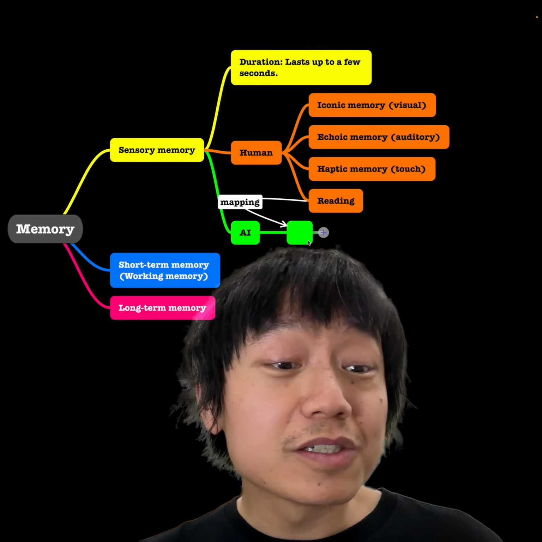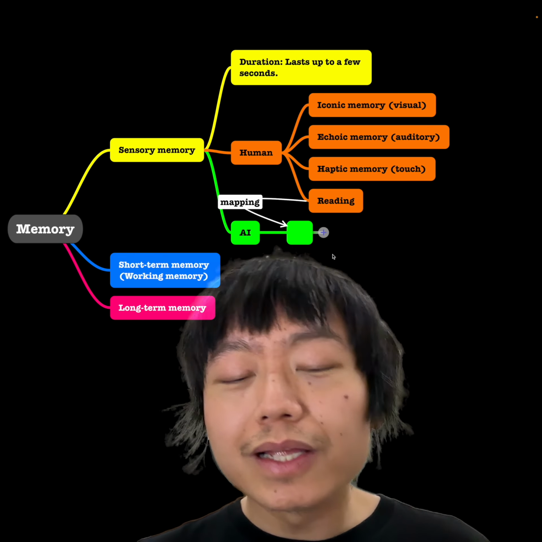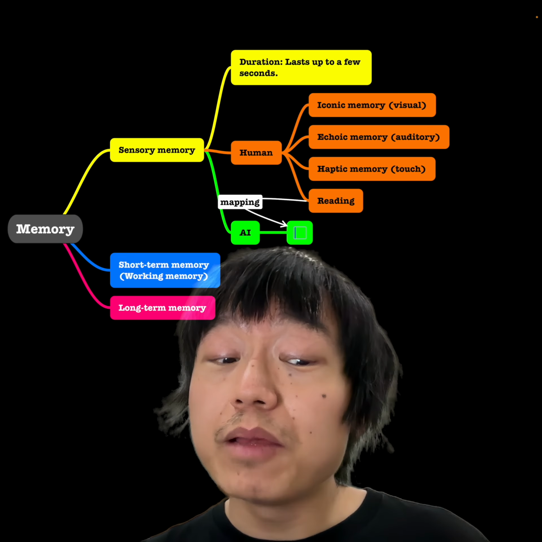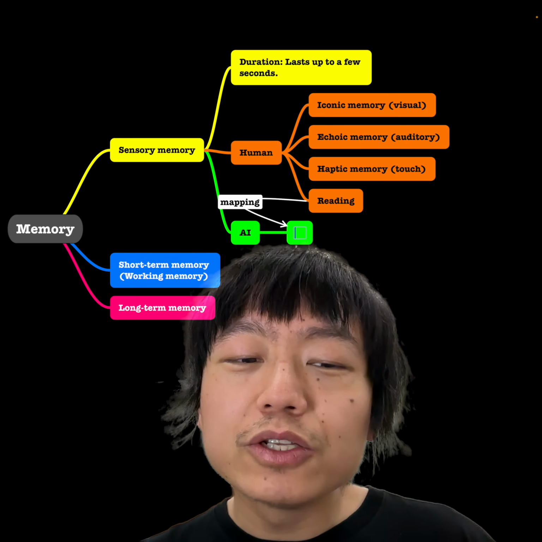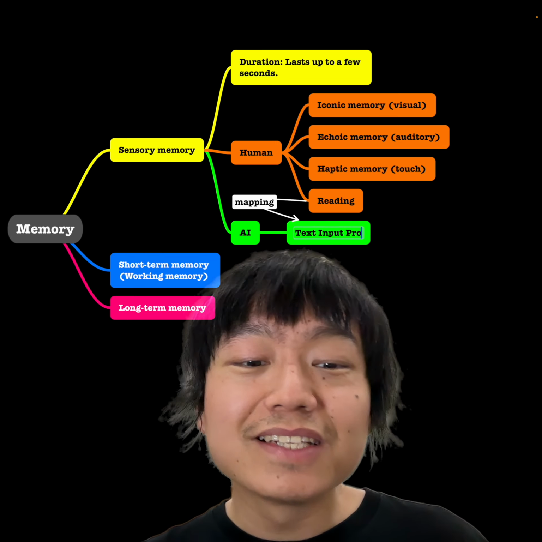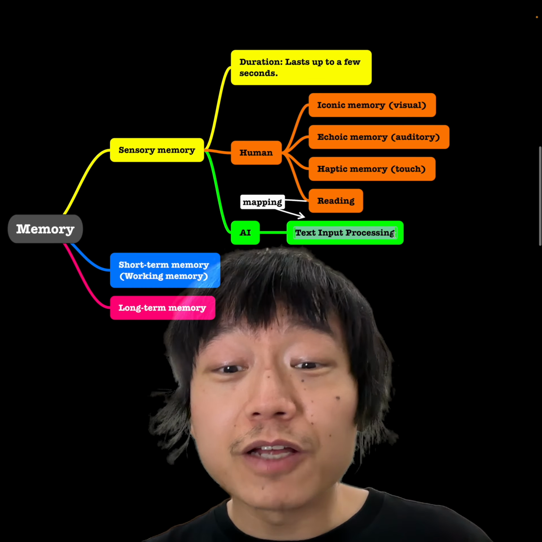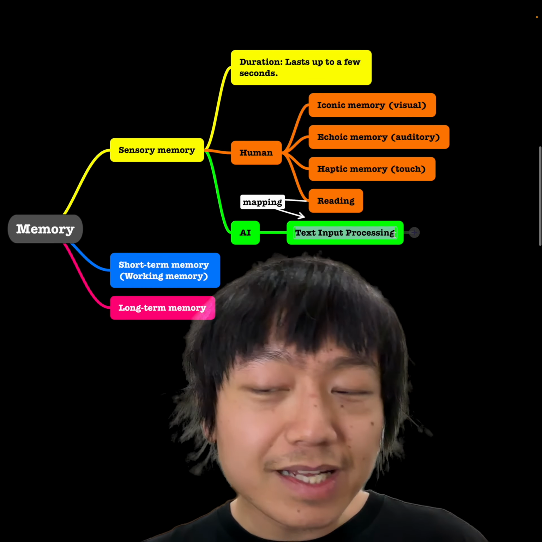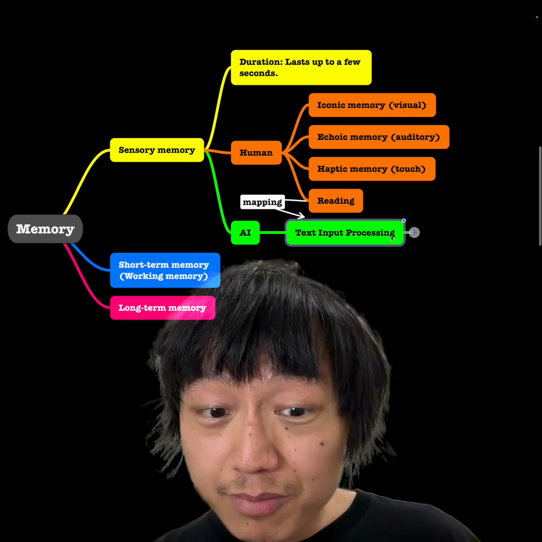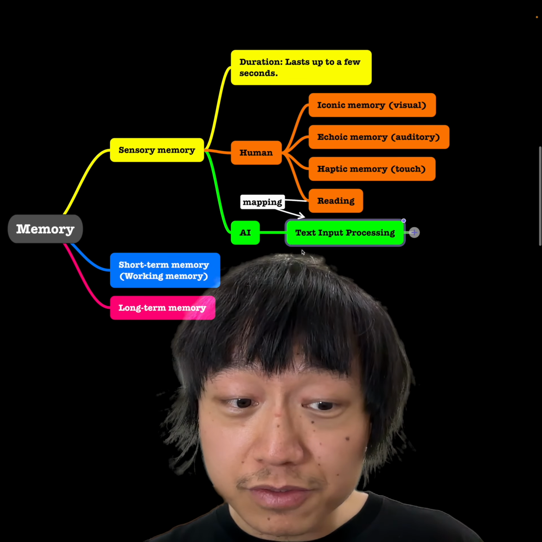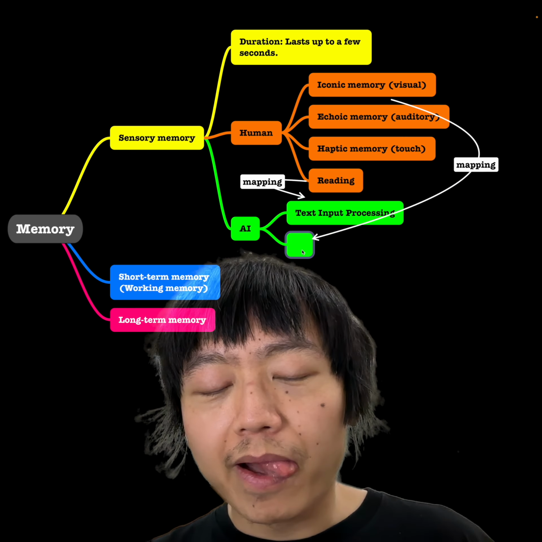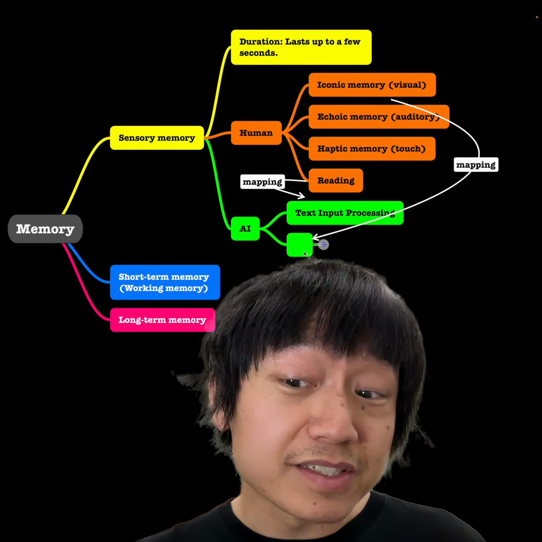The example is visual input processing. An AI model processes an image by converting it into a numerical embedding that captures the visual features. An example is a computer vision system that recognizes a stop sign by processing the image pixels into a feature embedding. Another is text input processing.